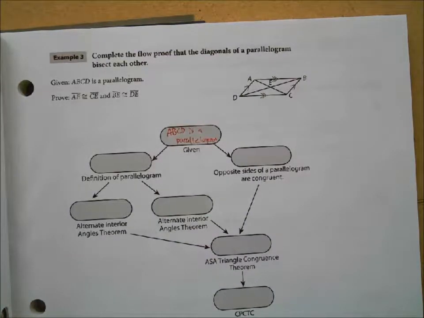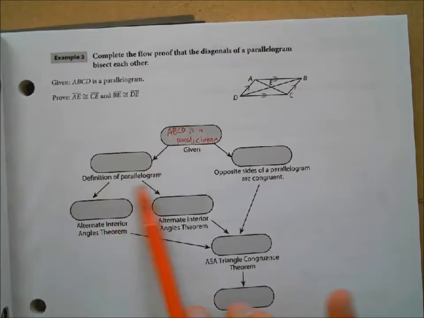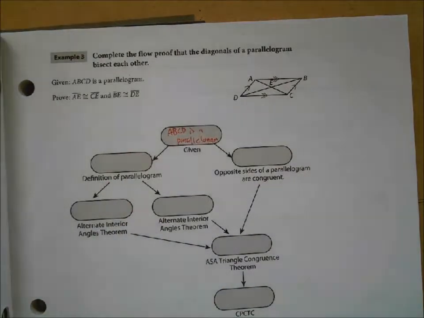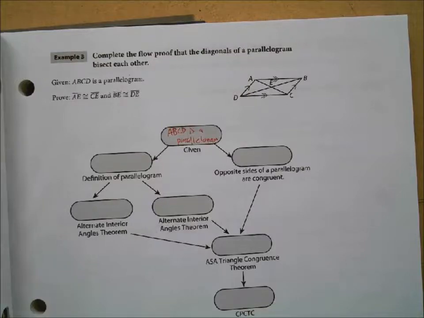Let's see here. What about this one? The definition of a parallelogram. What does the definition of a parallelogram tell us about a parallelogram? By definition, what makes a parallelogram a parallelogram? Avery? If opposite sides are parallel. Yeah, opposite sides are parallel.